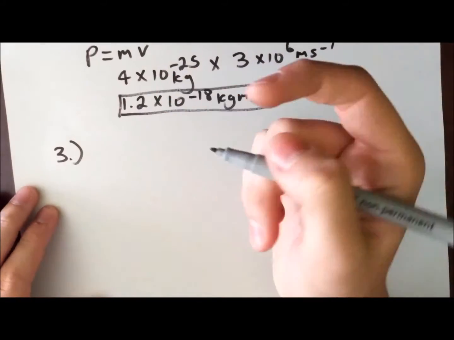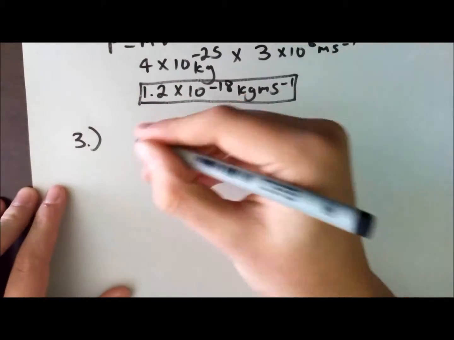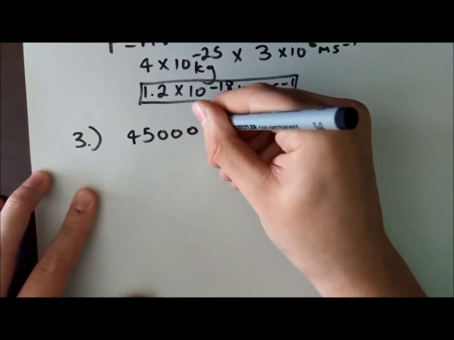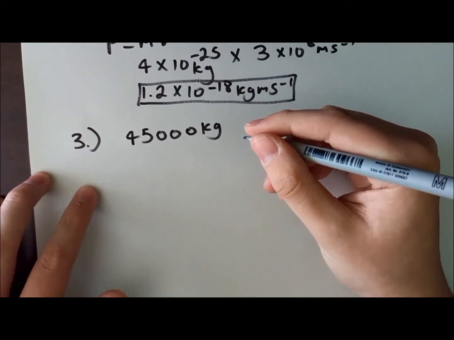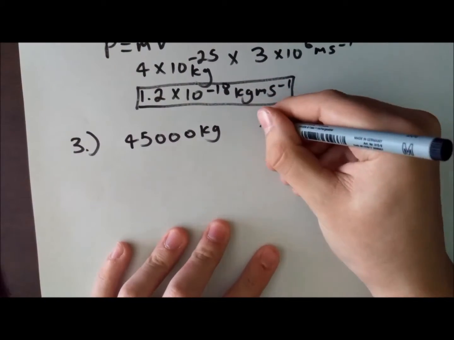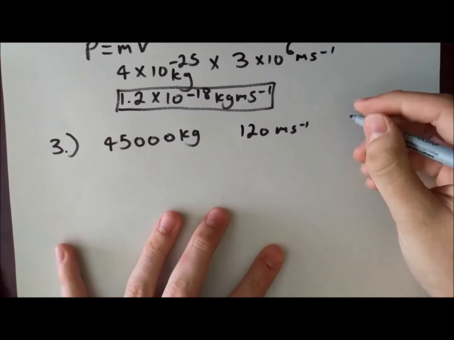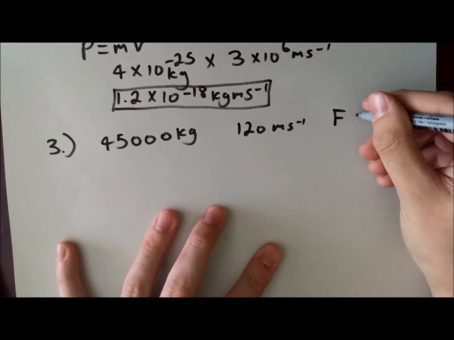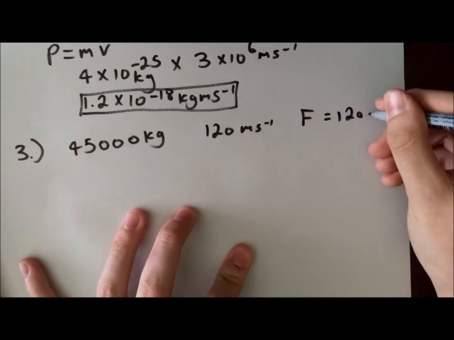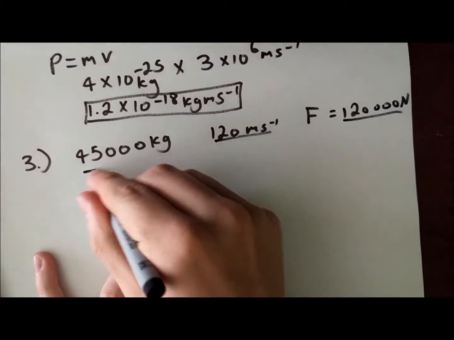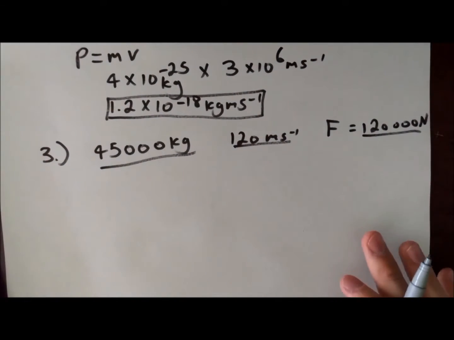Now, what we should do when we get a question like this is to write down all the facts it's given us. So we know the plane weighs 45,000 kilograms, it has a velocity of 120 meters per second, and a force of 120,000 newtons. We want to get rid of the kilonewtons. So those are the 3 things we're given.